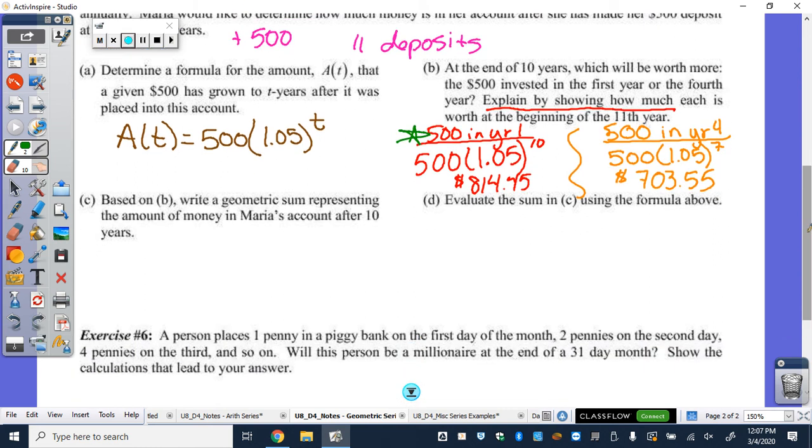So based on part B, write a geometric sum representing the amount of money in Maria's account after 10 years. So, still using A of t, just because they told us earlier to use A of t, so I'm keeping the notation the same. This is her final deposit.